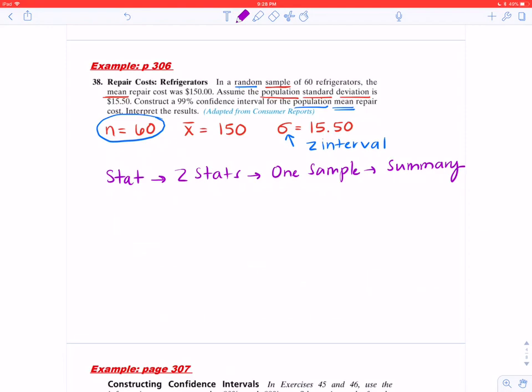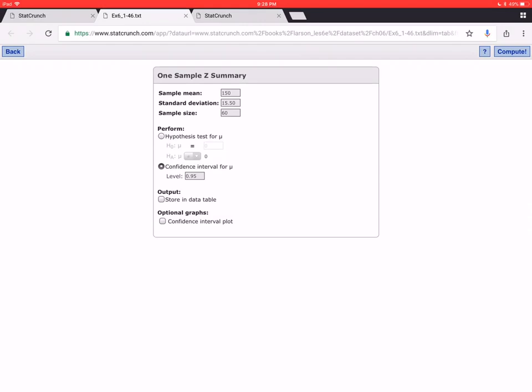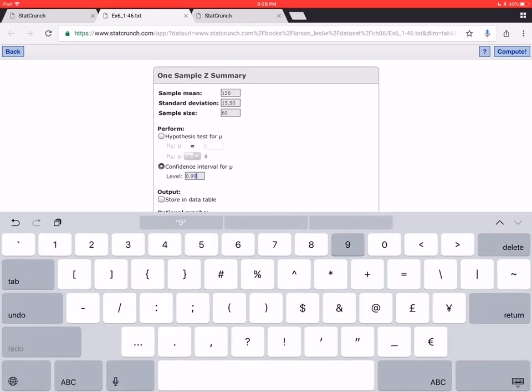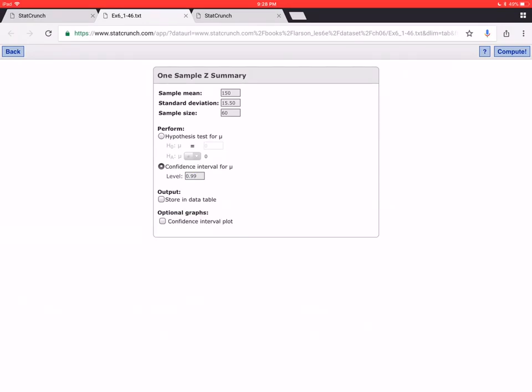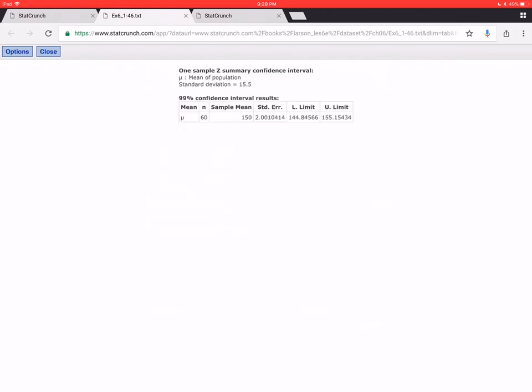And that is something that will always be given within the problem. So we need this interval to be 99% accurate. So right here, we're going to put in a level of confidence in decimal form of 0.99. All right, and that's all I need to do. Just input my information and hit compute.